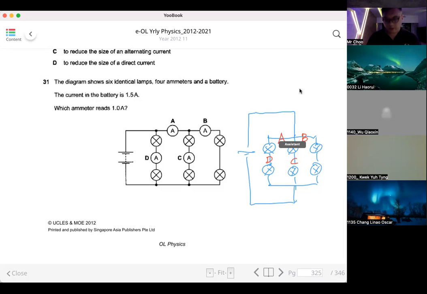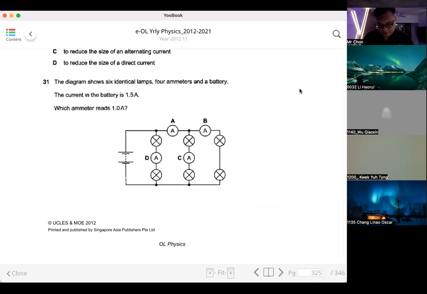So if the current from the battery is 1.5 ampere, okay, the way I redraw is not very good. So let me just clear the whole thing.